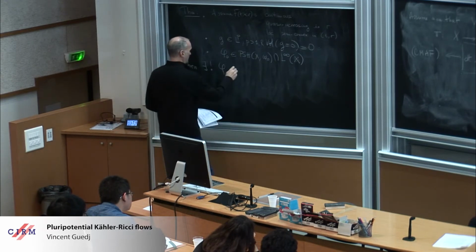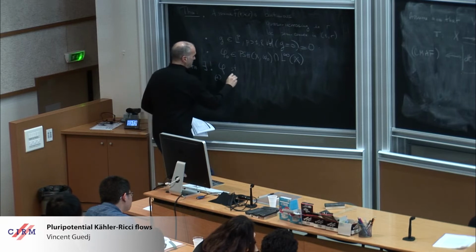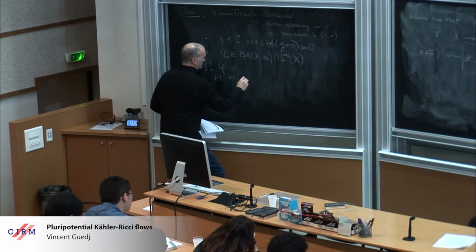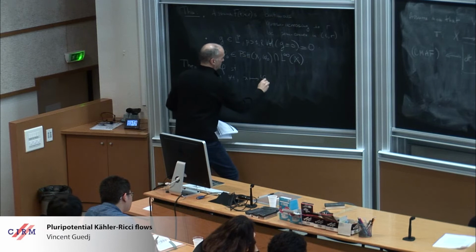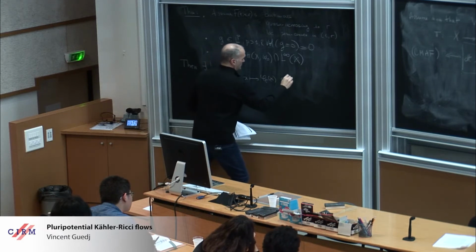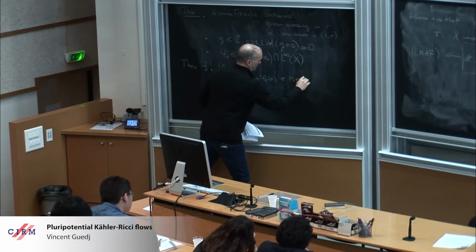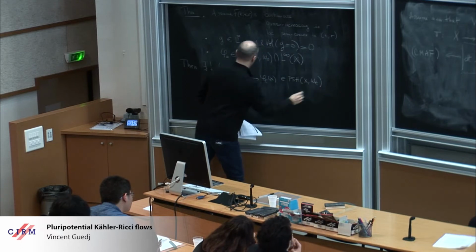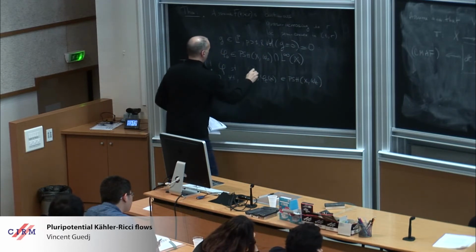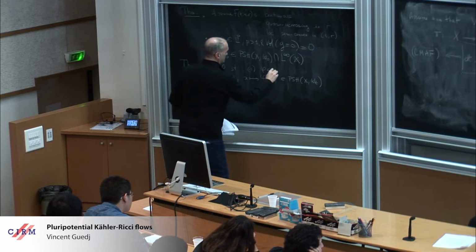Namely, for all t, x goes to phi_t of x is omega_t-psh on X. Maybe phi is bounded.